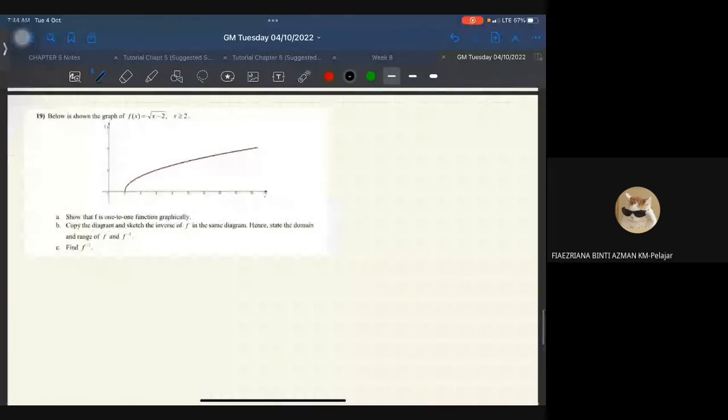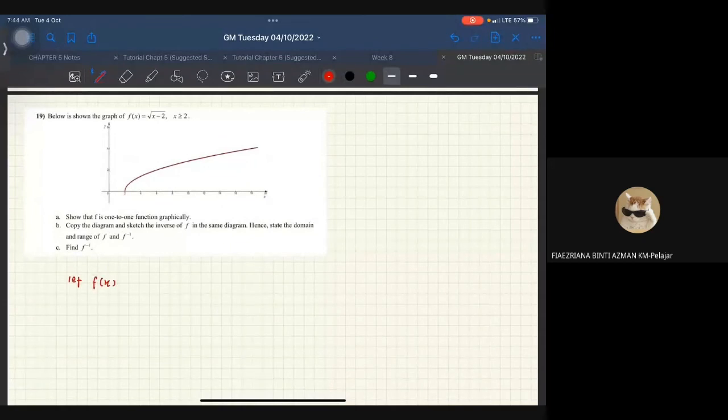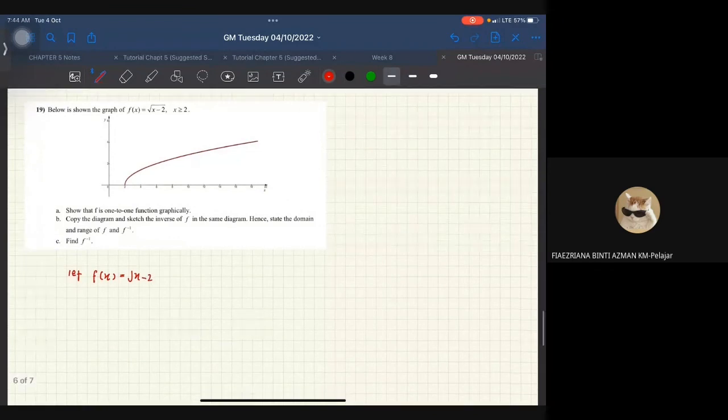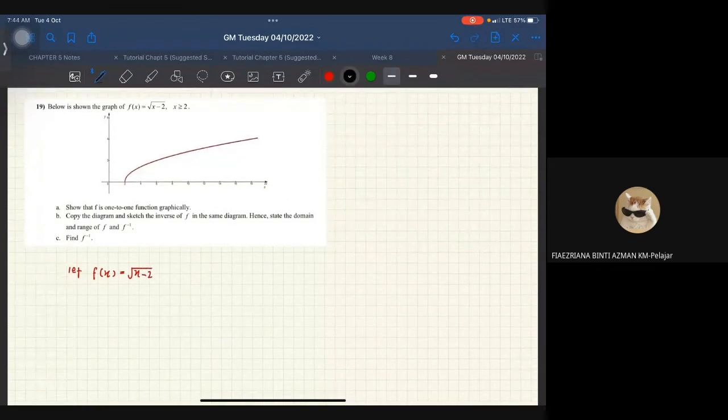So firstly saya akan tulis let f(x) is equals to square root x minus 2. Sorry, bukan let equal to. Let equal to y. Okay, so kita jadikan kita punya function sekarang sama dengan y. So saya akan ada y is equals to square root x minus 2.